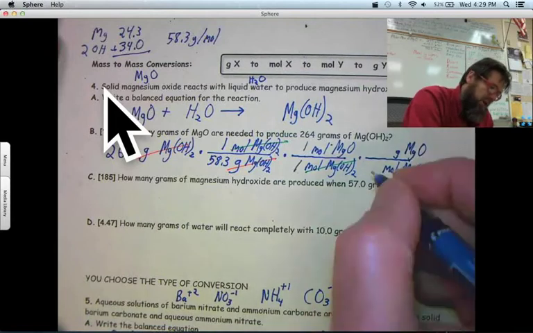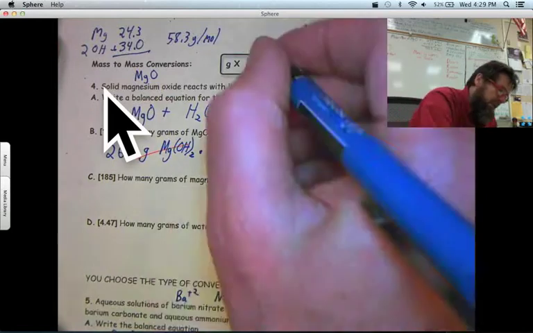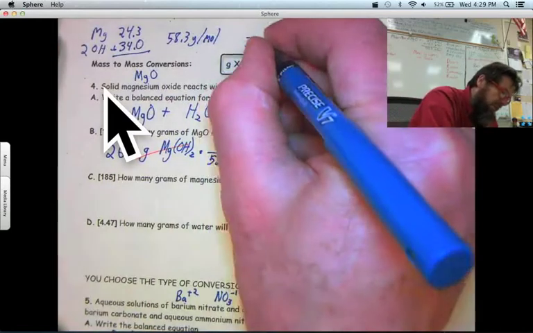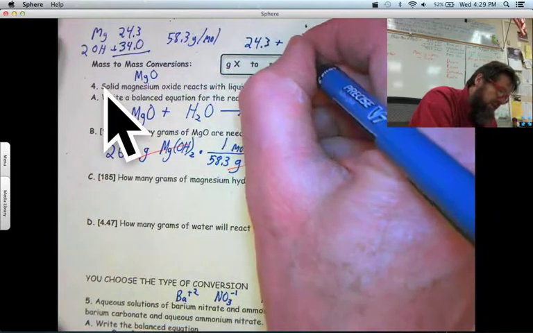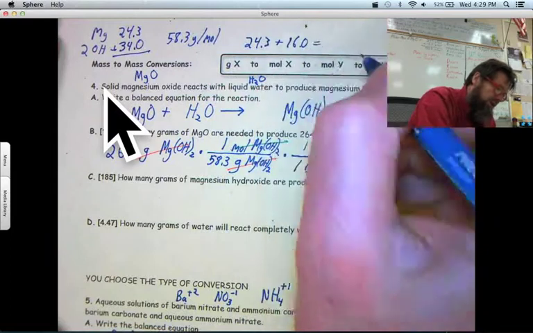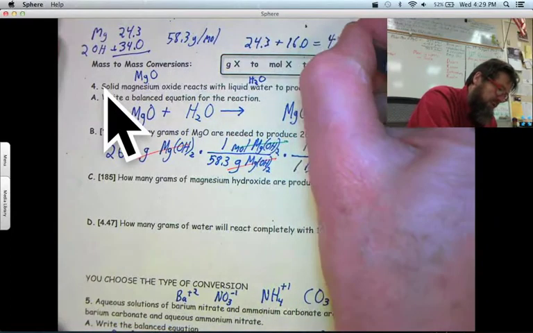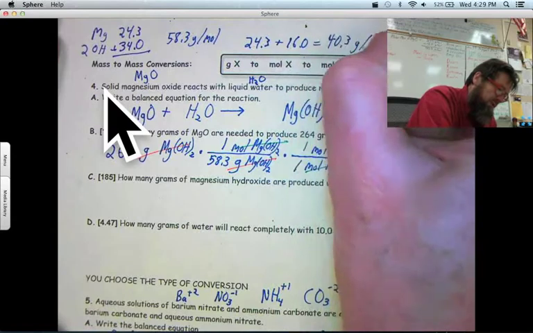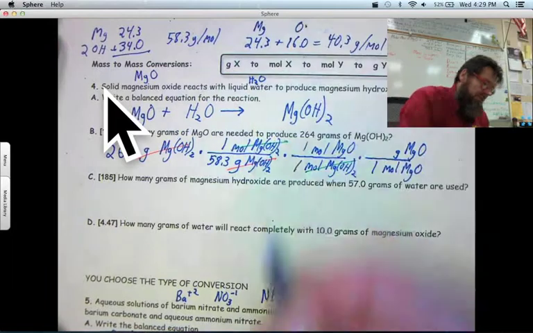How many grams per 1 mole MgO? That would be Mg, 24.3 grams per mole, plus oxygen, 16.0, equals 40.3 grams per mole for MgO.